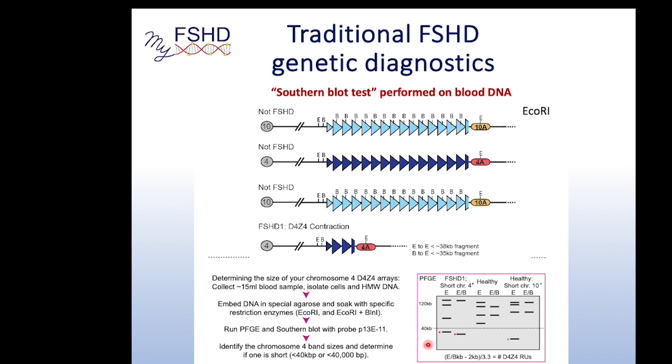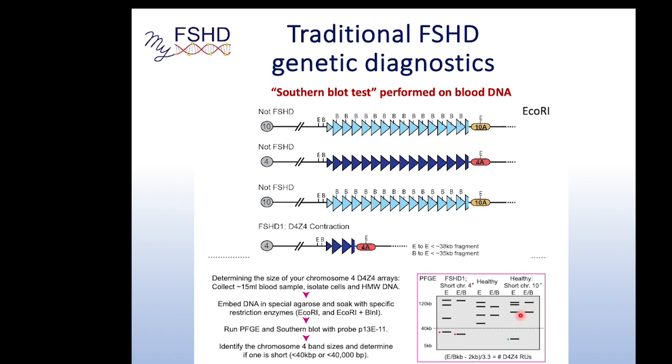So now you have a setup. You have all your DNAs that are cut with EcoRI or cut with EcoRI and BlnI, separated by size, but you still can't find them. Well, the next thing you're going to need is a probe, and to figure out how to find it. The key to the Southern blot is you're going to denature this DNA with sodium hydroxide. Double-strand DNA becomes single strand, and high salt is going to keep it stable as single strand. You're then going to transfer this to a nylon or nitrocellulose membrane, essentially like a piece of paper.